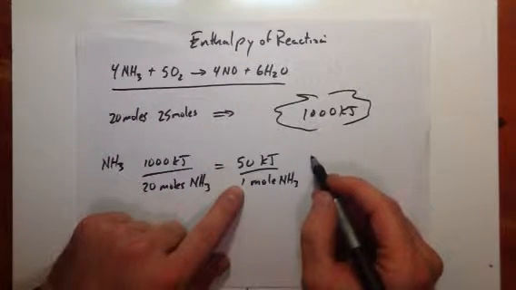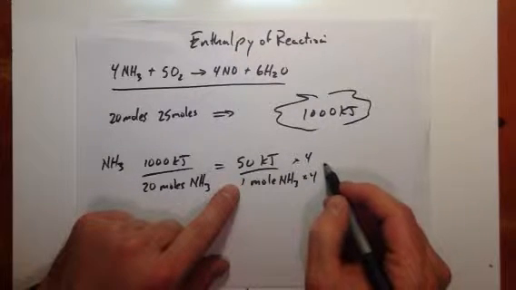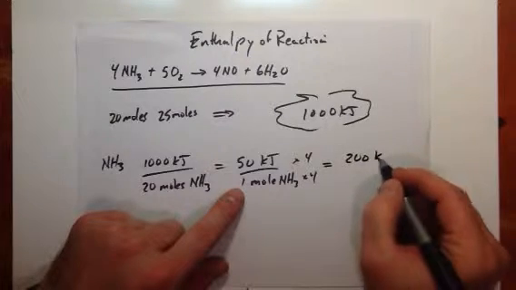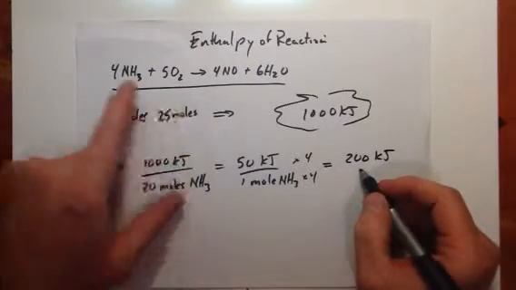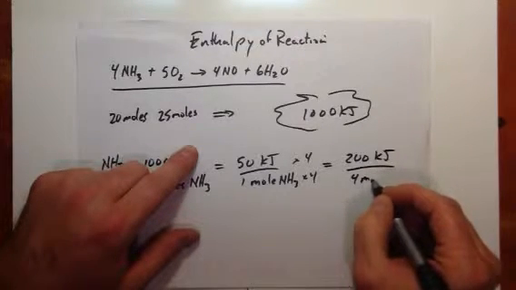So what I'm going to do is times the top by 4, times the bottom by 4, that's equal to 1, and we can say the amount of heat of reaction for this reaction is 200 kilojoules per 4 moles of NH3.